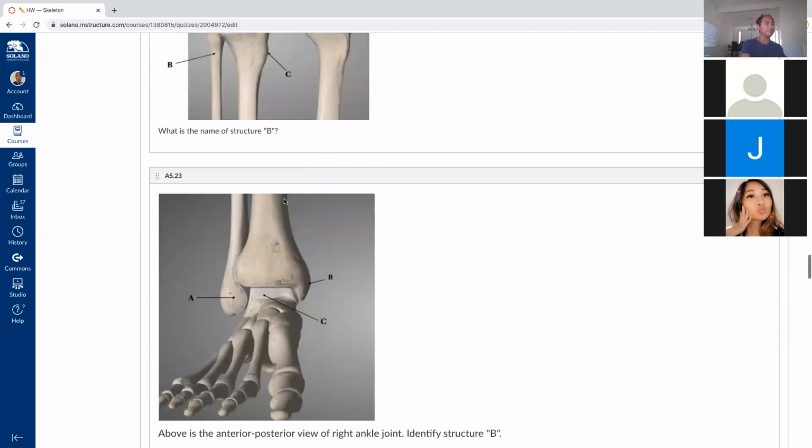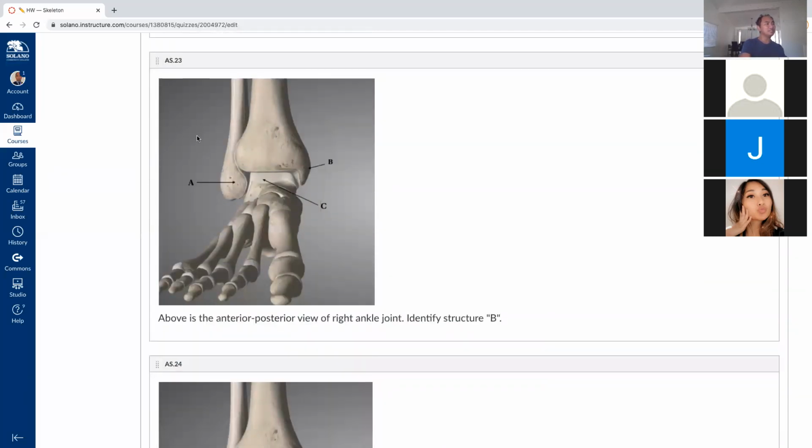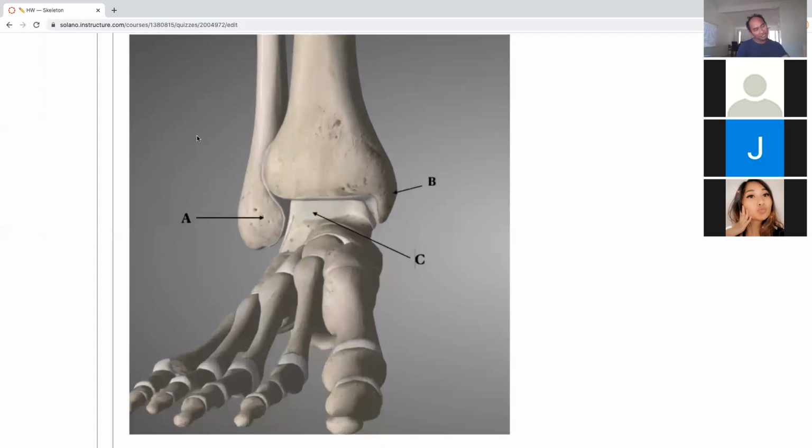Patella is the kneecap. Hey, this ankle joint, I just put it in because I know I haven't taught about that. If you go search on Google, I think you will see. So this is the right ankle joint. We are looking from the front. And this is the tibia.